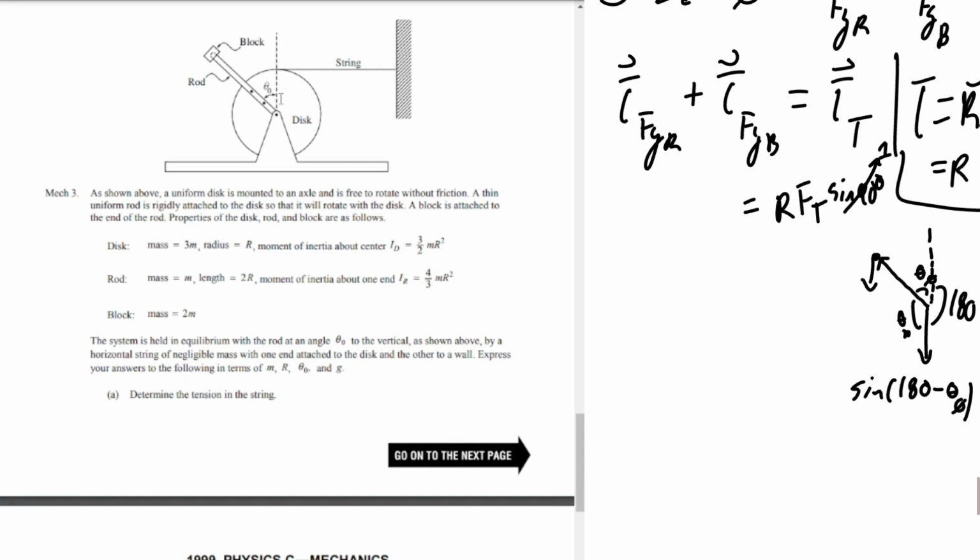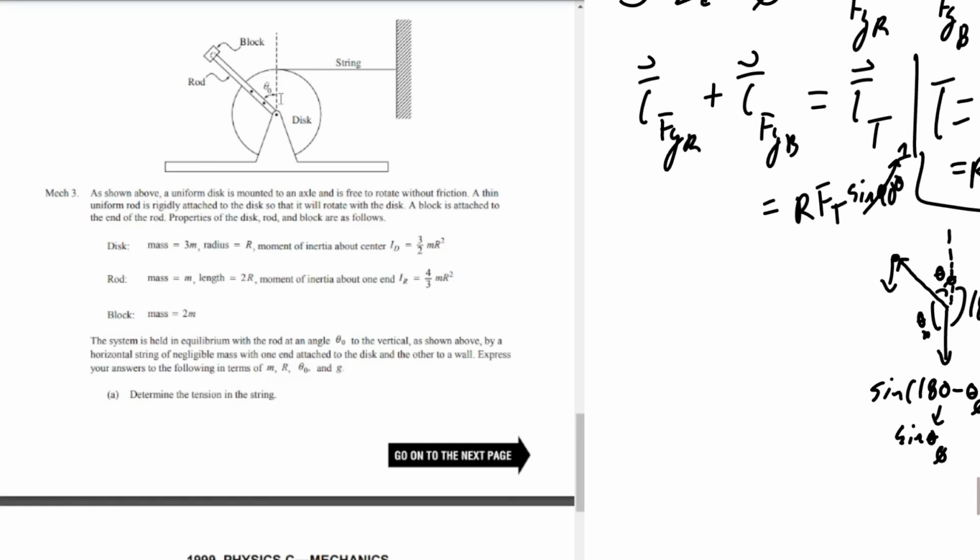If I subtract that little portion, theta naught, that gives me the angle between. Sine of 180 minus theta naught is sine theta naught. Because both of these forces pull down, they'll have the same sine theta, so I don't need to do that process again.